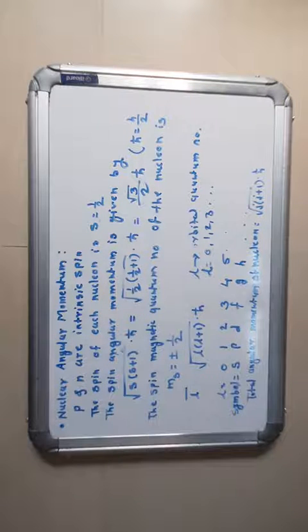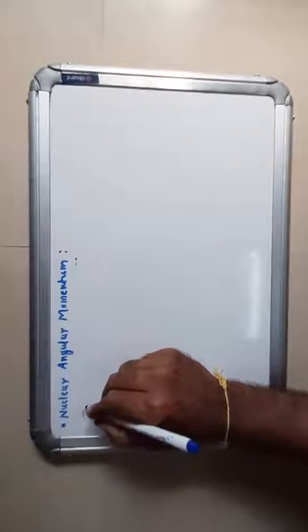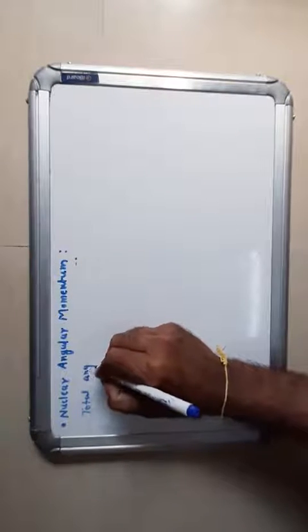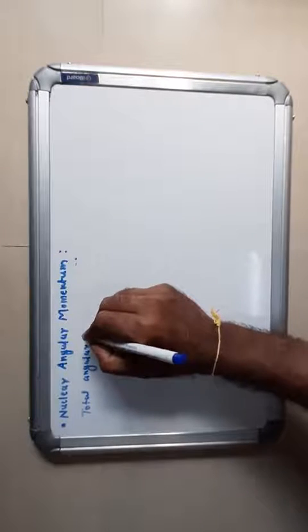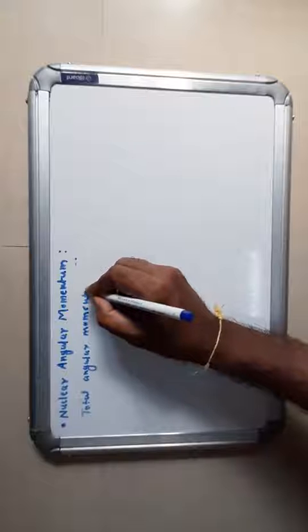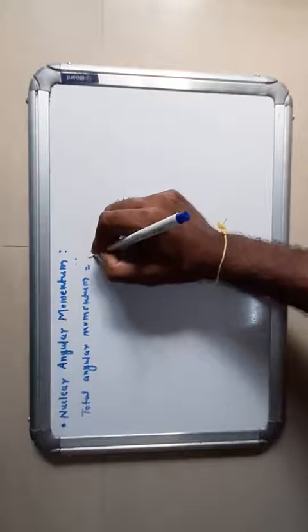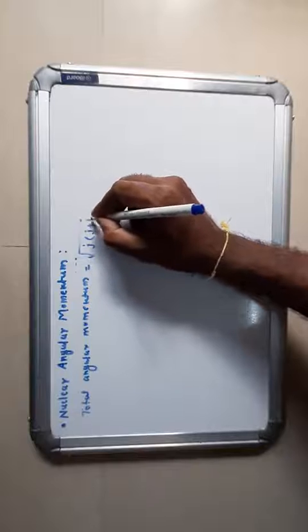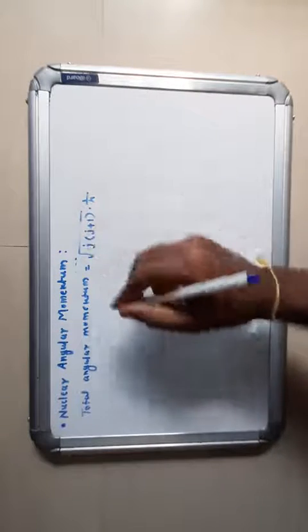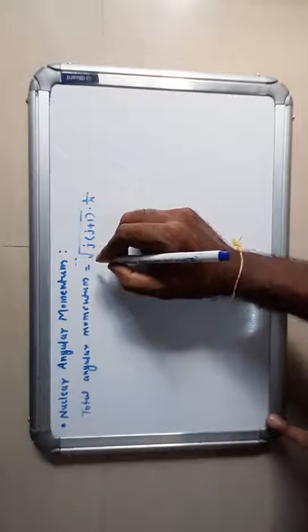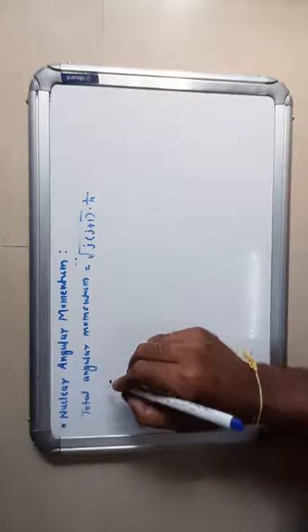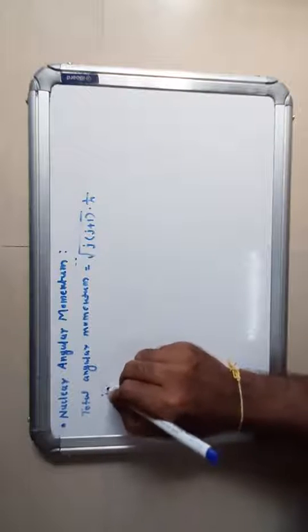It takes values from the magnitude of l plus s to the magnitude of l minus s. The total angular momentum of the nucleon is equal to under root j into j plus 1 into h cross.